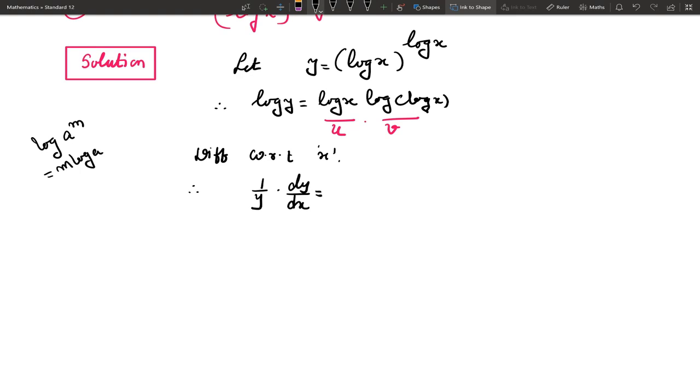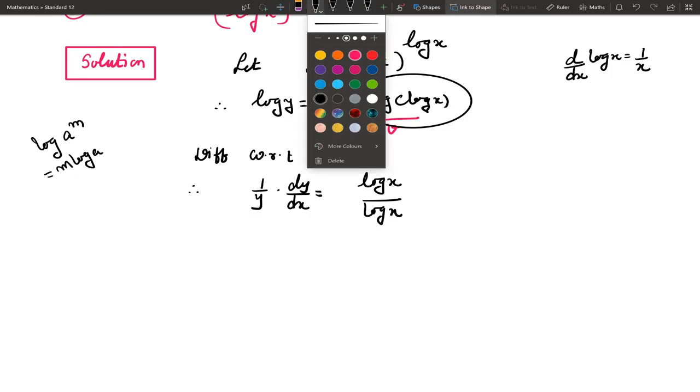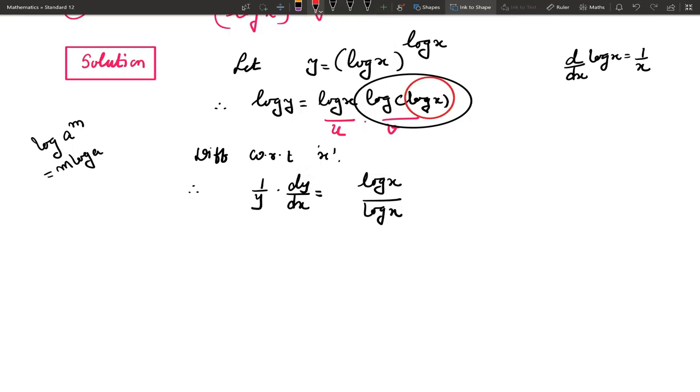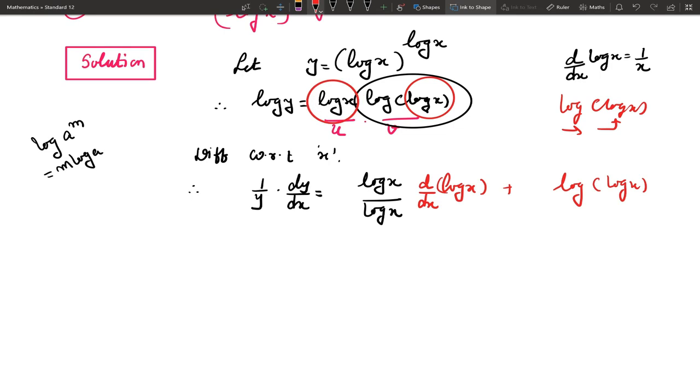On the right hand side, u into v form, so log x as it is, times the derivative of log of log x. Using the formula d by dx of log x is 1 by x, the derivative is 1 upon log x, but since inside is a function of x, by chain rule we multiply by d by dx of log x, which is 1 upon x.